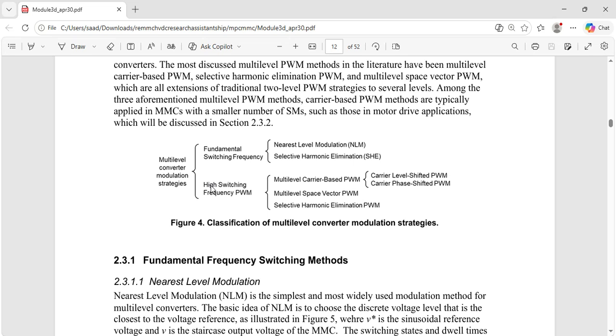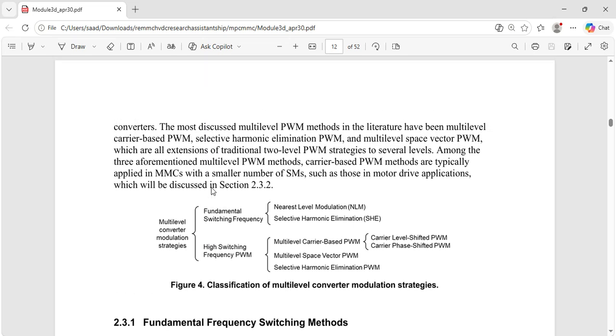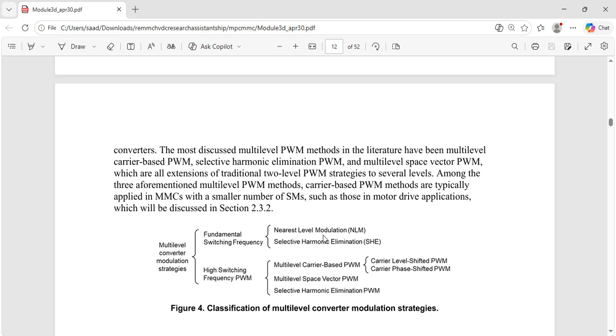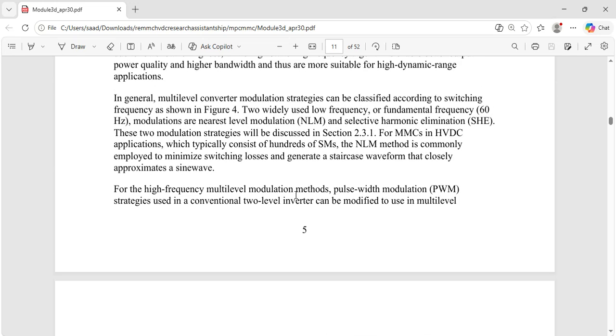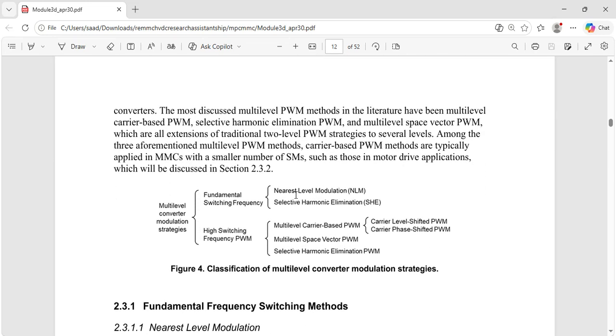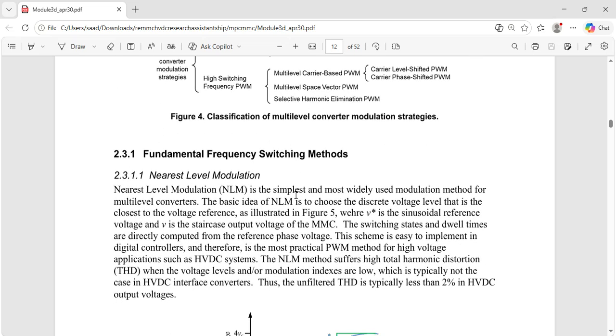If we operate those switches at a higher frequency, our switching losses will be high. So to avoid that, we prefer techniques with fundamental switching frequency. In my previous videos, I have discussed different control techniques such as nearest level modulation and space vector. Now in this video, I am going to discuss selective harmonic elimination.